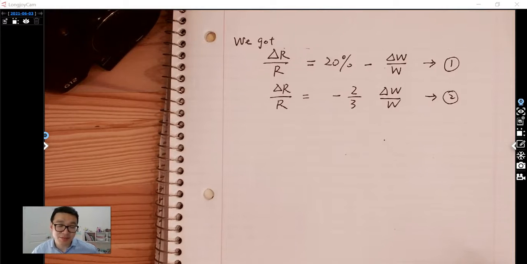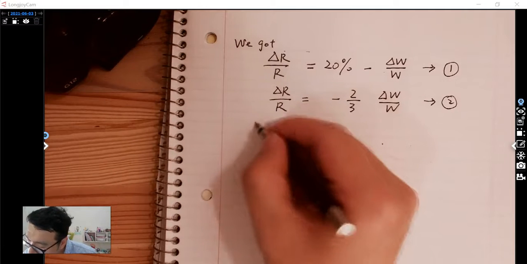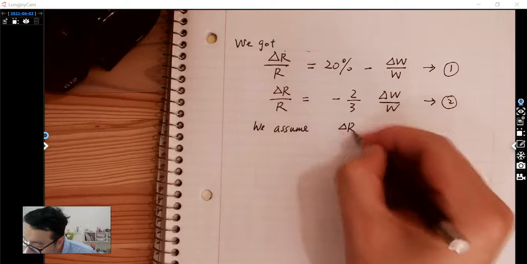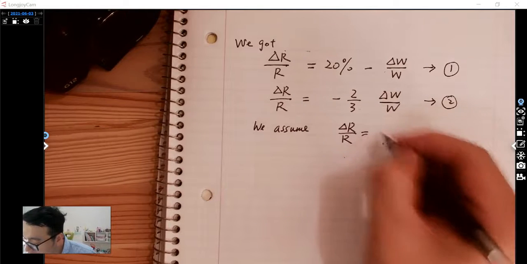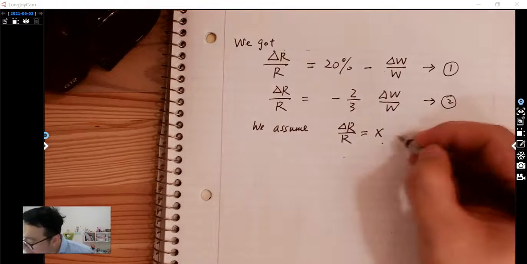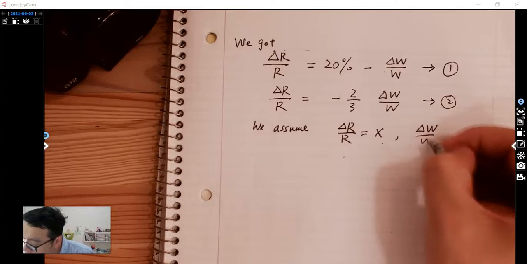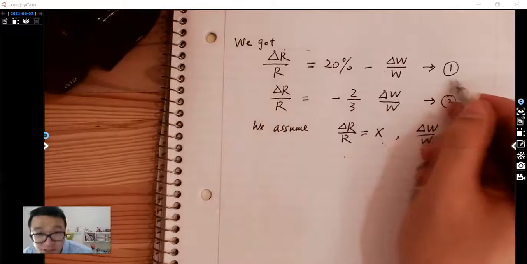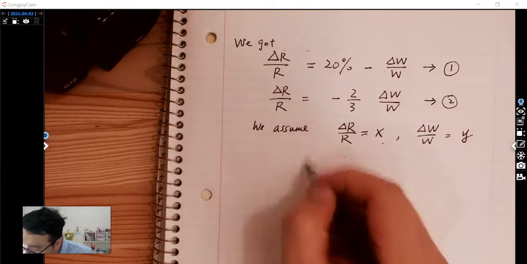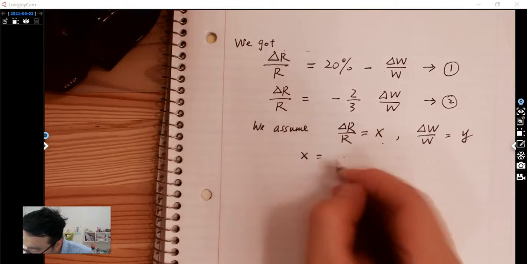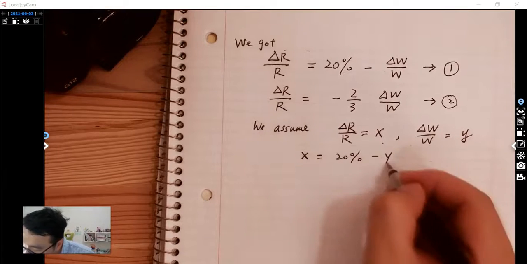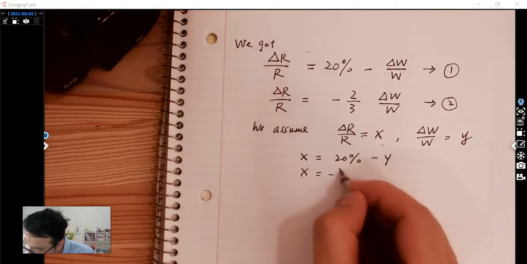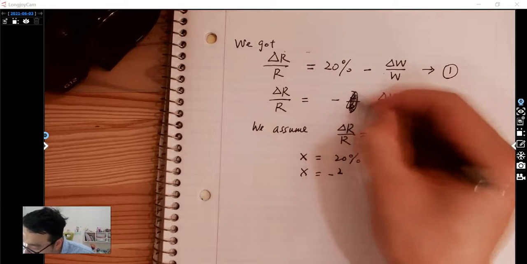And here is something that we can do together. So we assume, to make things a little bit simple, delta R over R, the rental to capital, equals X, that's the variable X. And then delta W over W equals Y, X and Y. So from the first equation, we substitute the X and Y into it, so X equals 20% minus Y. From the second equation, we got X equals negative, it's not 2/3, it's 3/2.